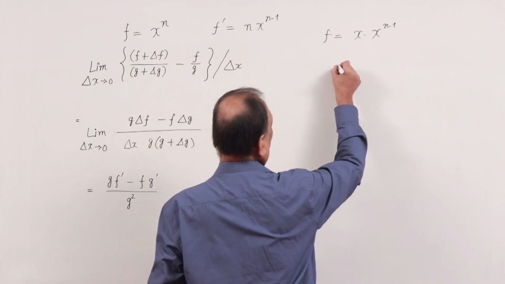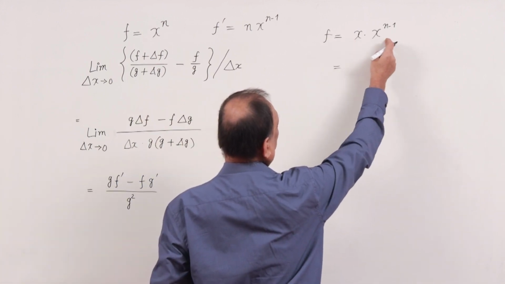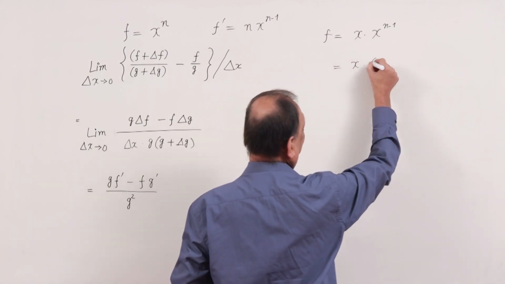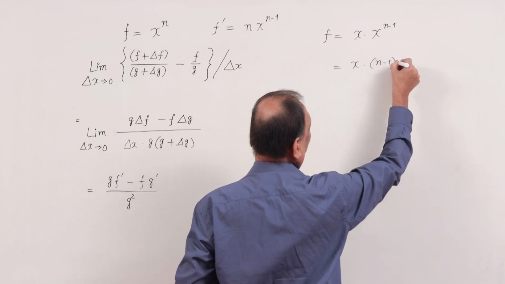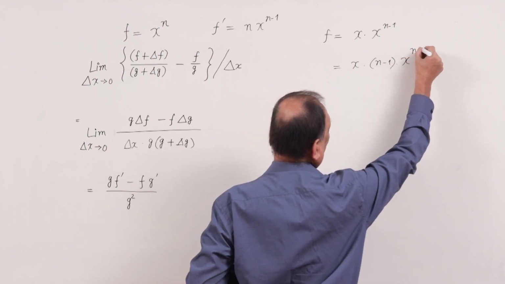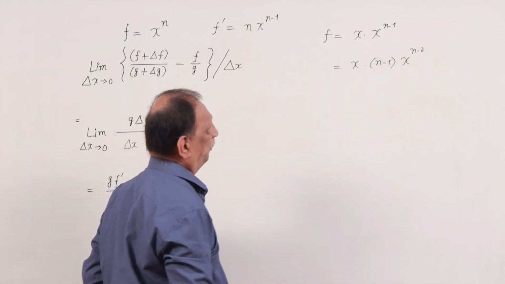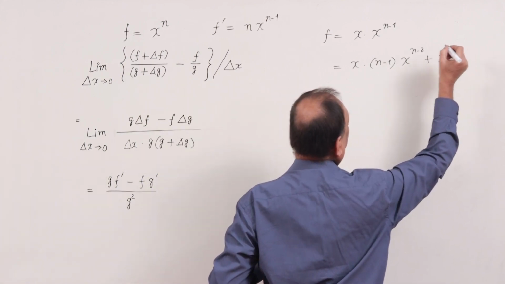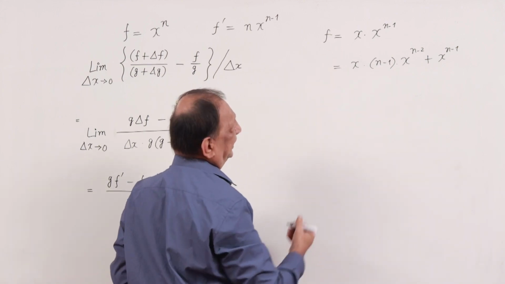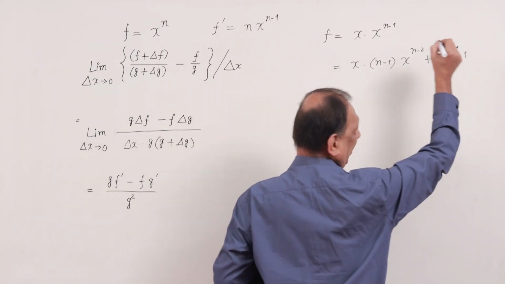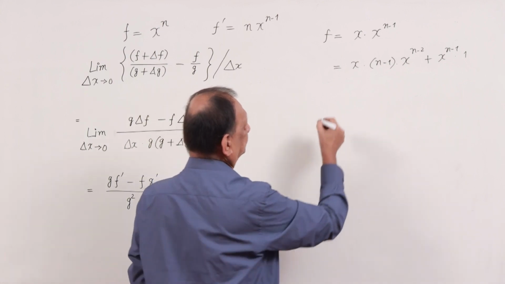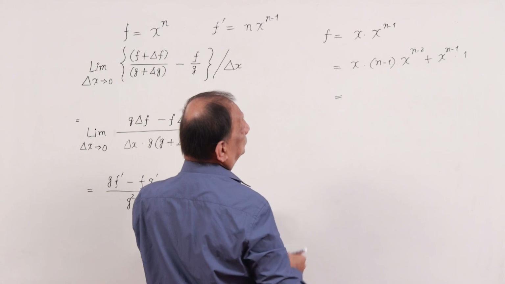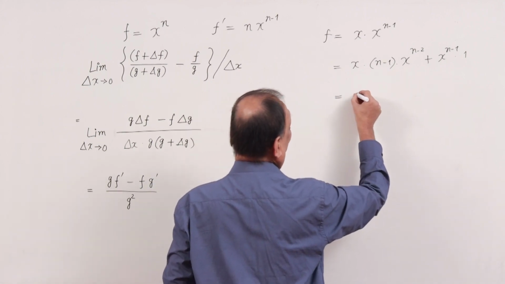So that means f g prime: first function multiplied by the derivative of the second function, which would be n minus 1 x to the power of n minus 2, plus the second function multiplied by the derivative of the first function, x power n minus 1 multiplied by 1. So we can take x power n minus 2 as a common factor.